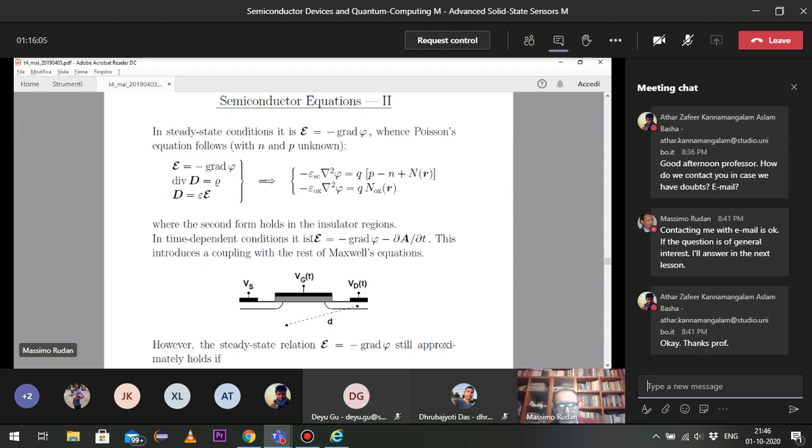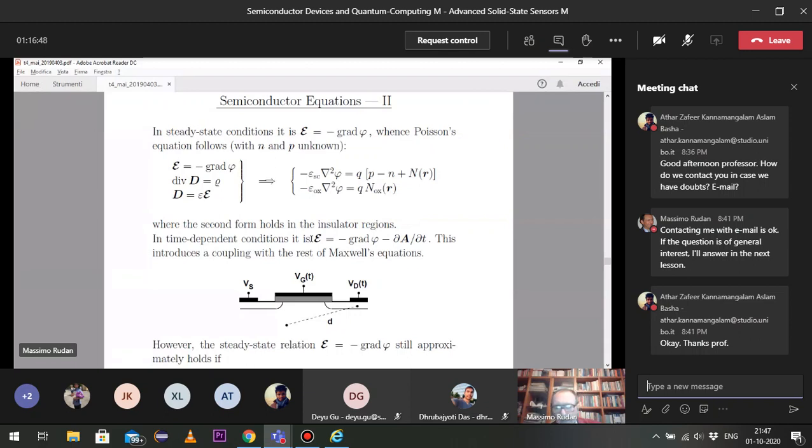This is very, very inconvenient from the practical standpoint, because when we have the magnetic potential, then we must couple together all the Maxwell equations. We cannot avoid using the full set of the Maxwell equations. So in that case, we must use the semiconductor equations plus the Maxwell equations, okay? This is somewhat inconvenient. It's quite heavy for the calculations.